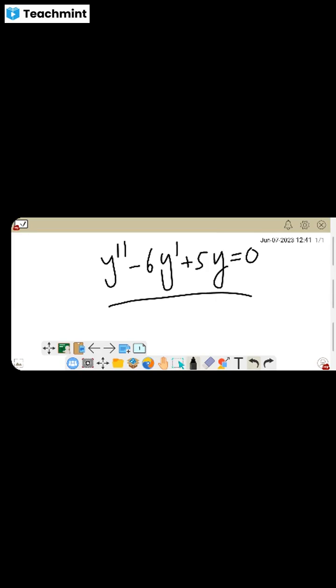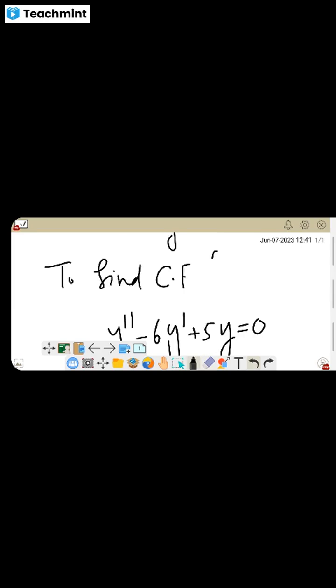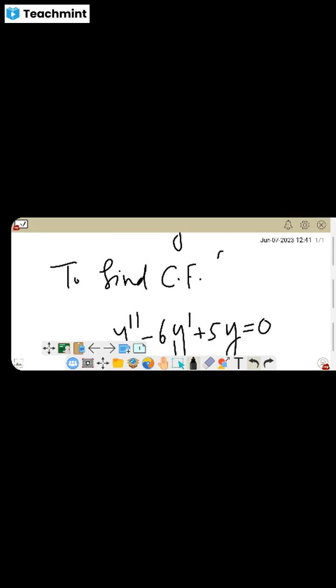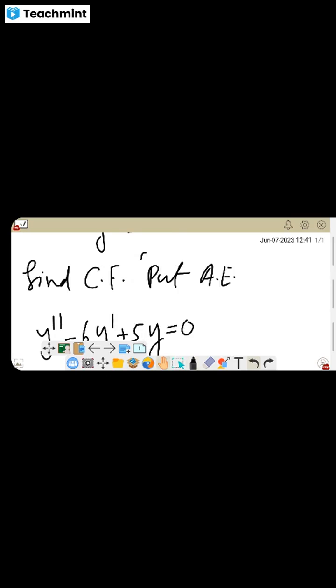So to find CF, put AE, the auxiliary equation, equal to 0.